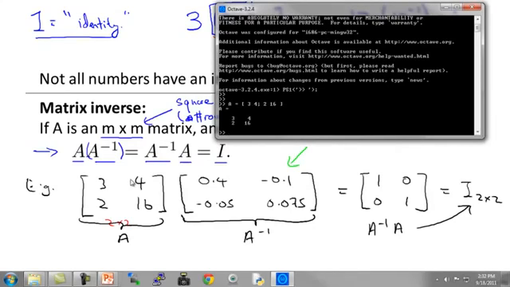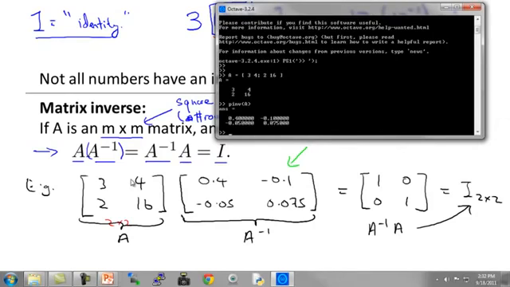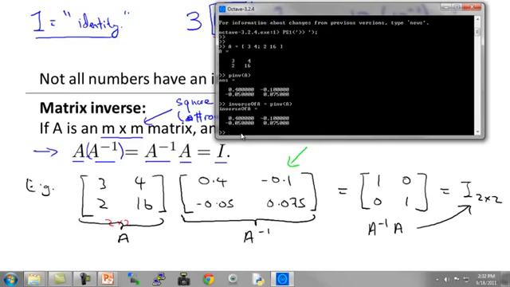And the software lets me compute the inverse of A very easily. It's pinv of A. And so this matrix here, 0.4, minus 0.1 and so on, is giving me a numerical solution to what is the inverse of A. So let me write inverse of A equals pinv of A, so I set inverse of A to that.